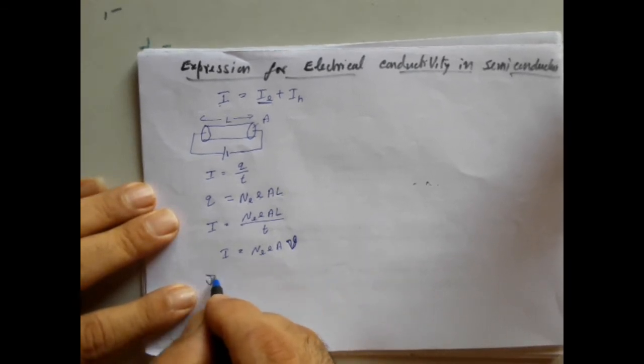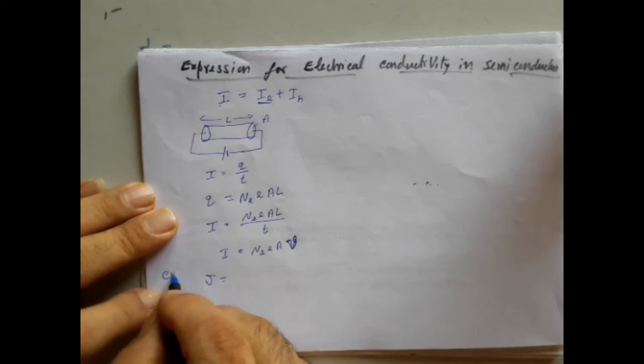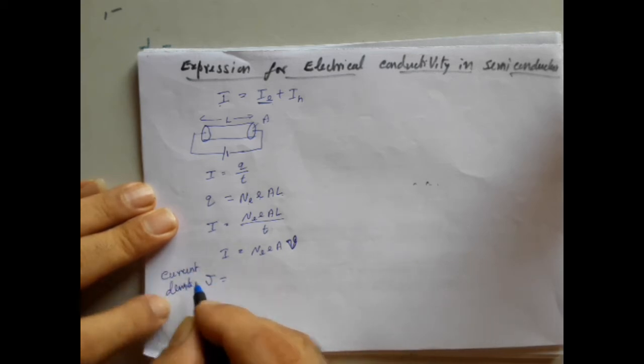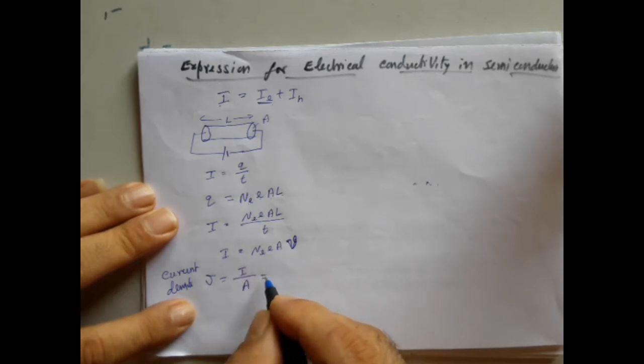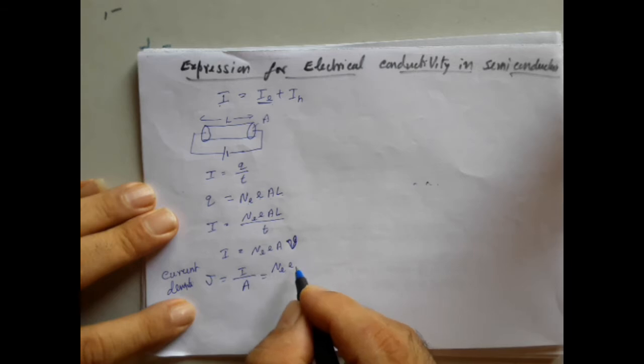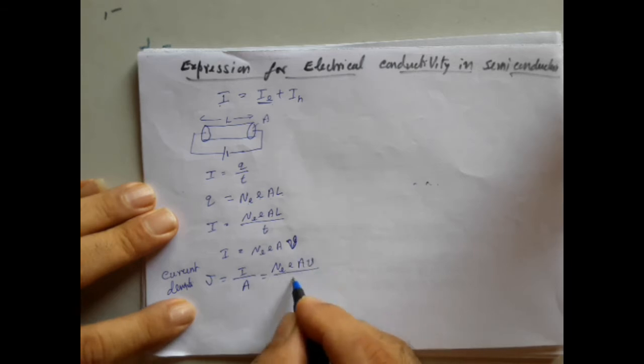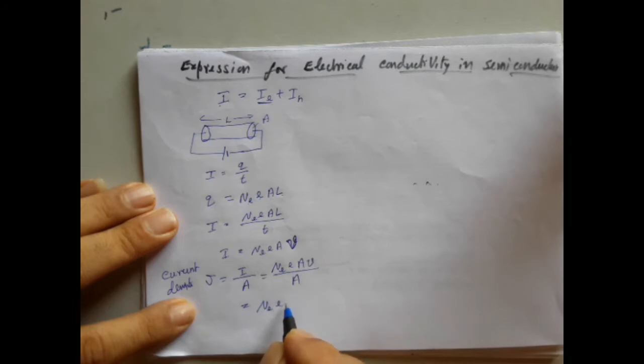Now come to the definition of the current density. By definition, the current density is nothing but the current per unit area. Therefore, Ne into e into A into v divided by the area, where A gets cancelled. Therefore, I can write it is equal to Ne into e into v. This is the equation for the current density.